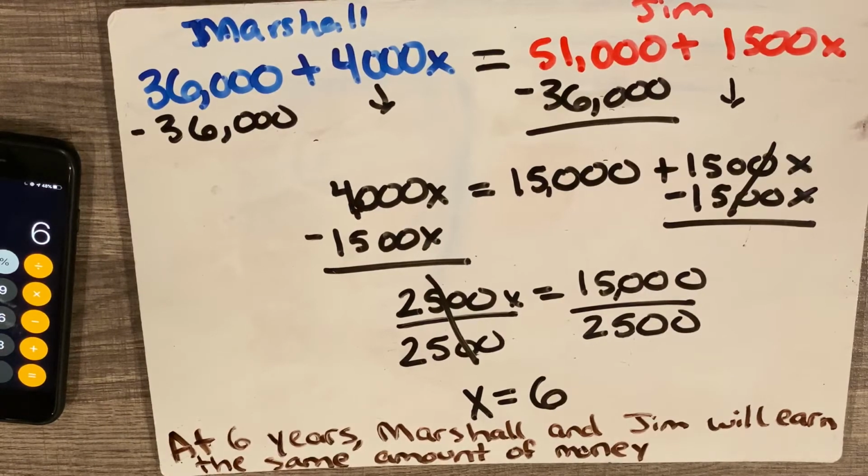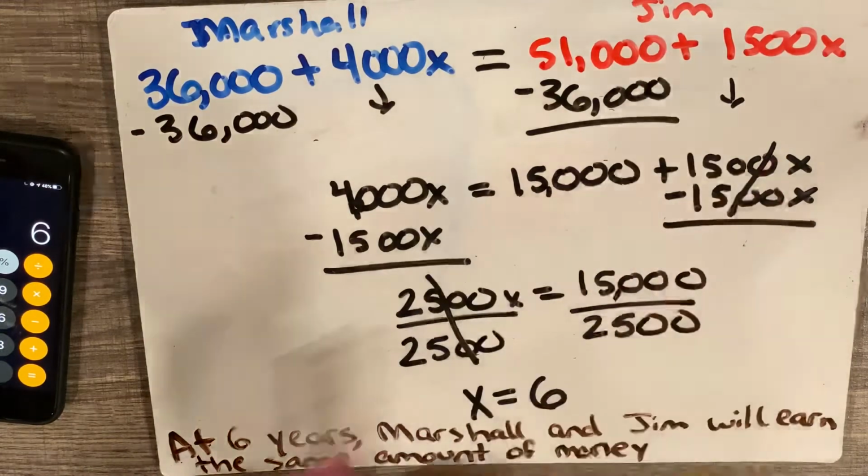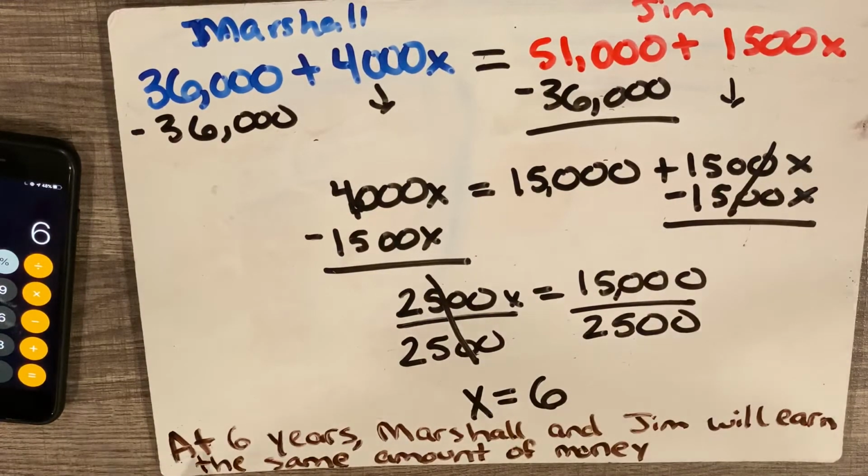Always. At that point, Jim is never going to make more money than Marshall, even though he started higher. So at 6 years, they're going to earn the same amount of money. Once you get above 6 years, it's no longer Jim making more money. Now Marshall is going to be making more money.